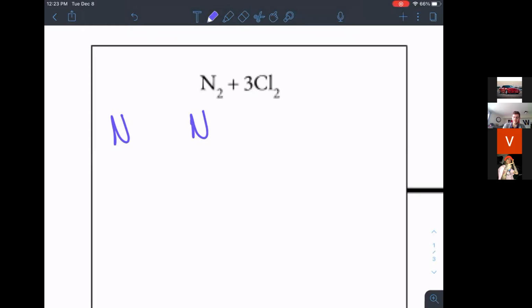All right, so there should be 5 on each nitrogen. So we have 1, 2, 3, 4, and 5, which means this one's also going to have 5 valence electrons.